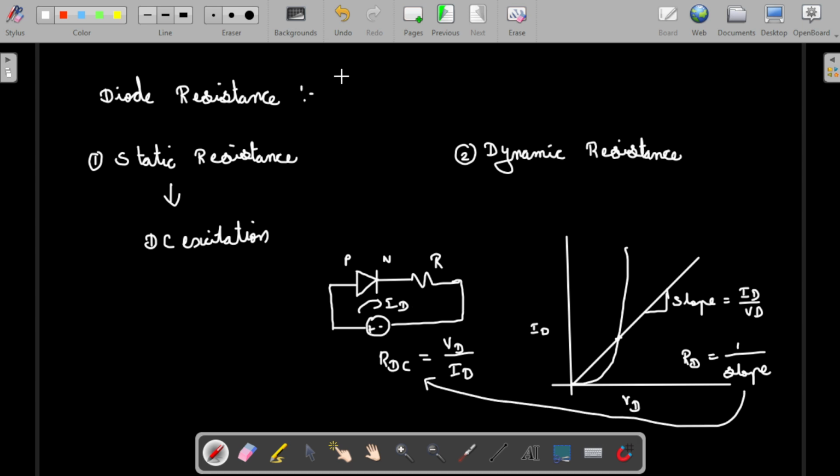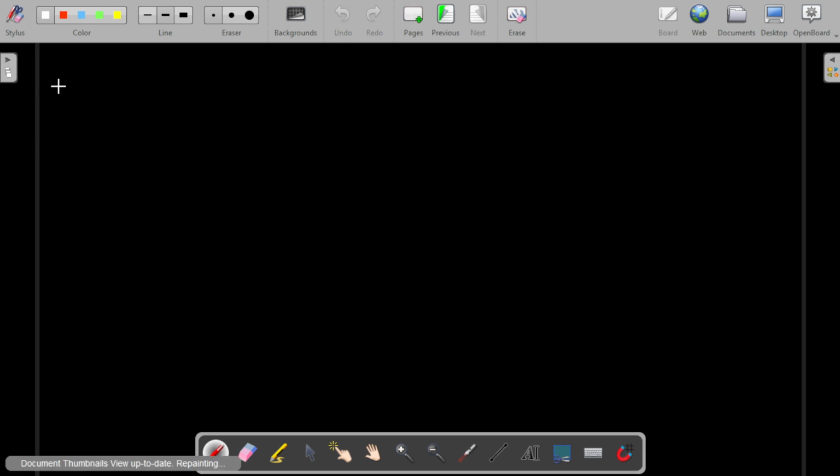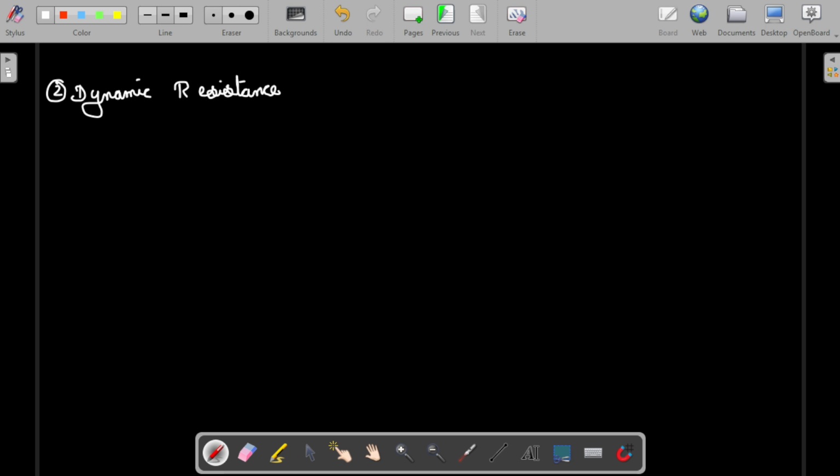So if we need to go to the dynamic resistance, the second thing, dynamic resistance. It is because of small signal reference. So whenever we are connecting it to an AC circuit, it is RD or RAC.